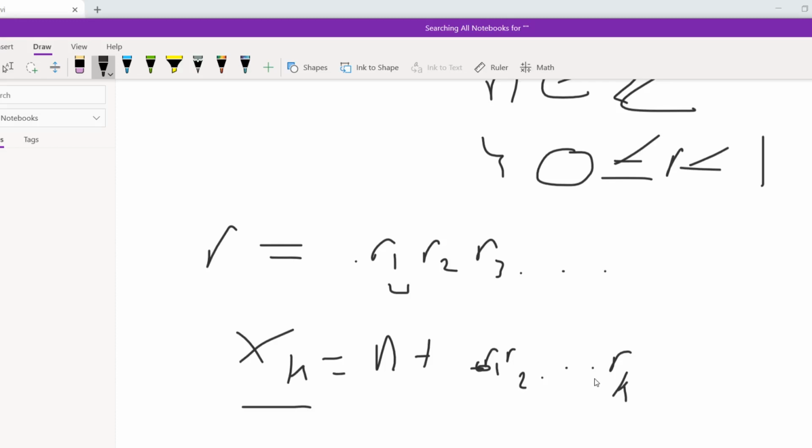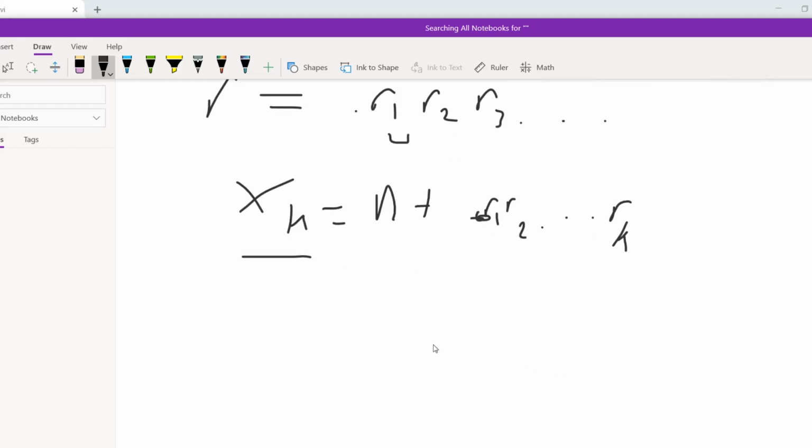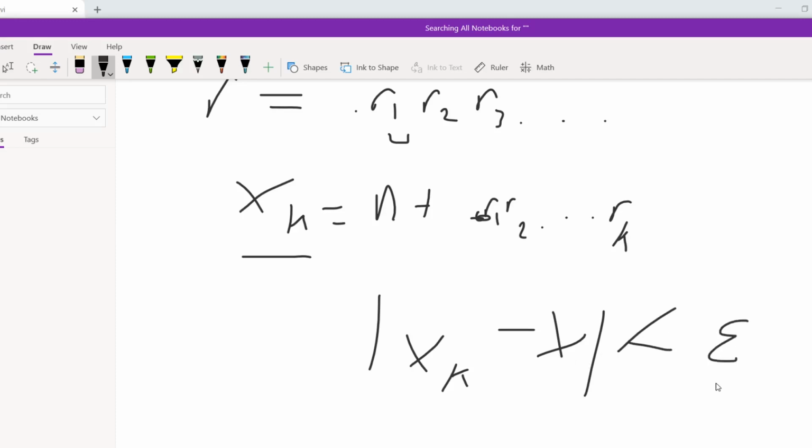So then what that means is xk minus x, the actual value, is going to be less than or equal to some epsilon. Right.